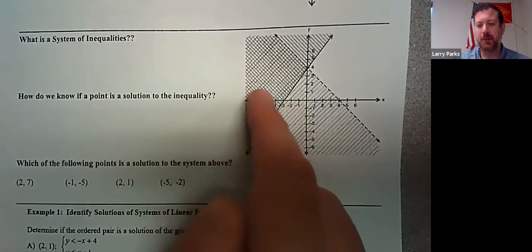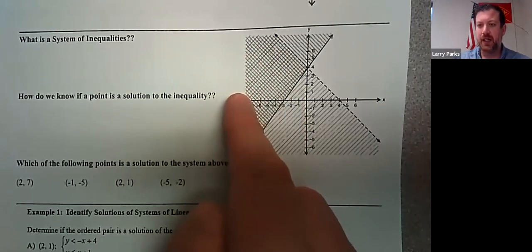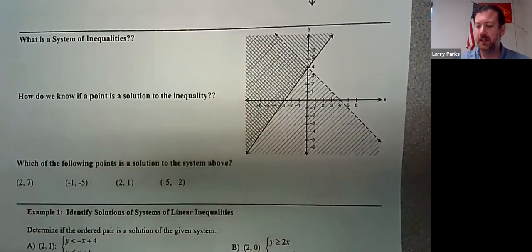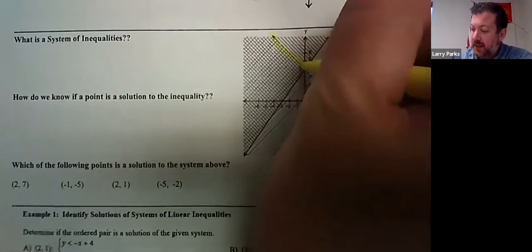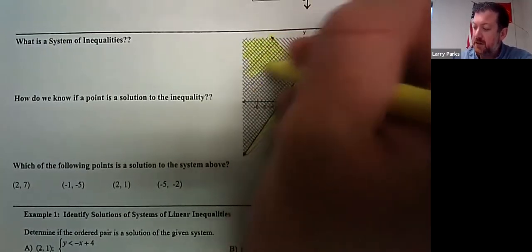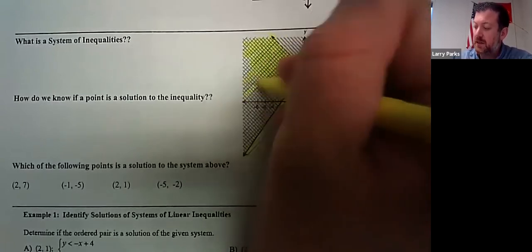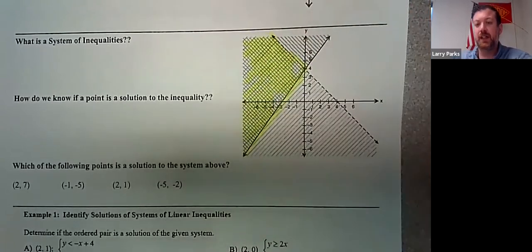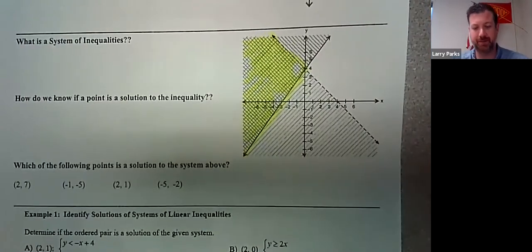This is what we call a solution to the system. Anything over here, and I'll highlight it so you can see it better, anything over here is what we call a solution to the system.